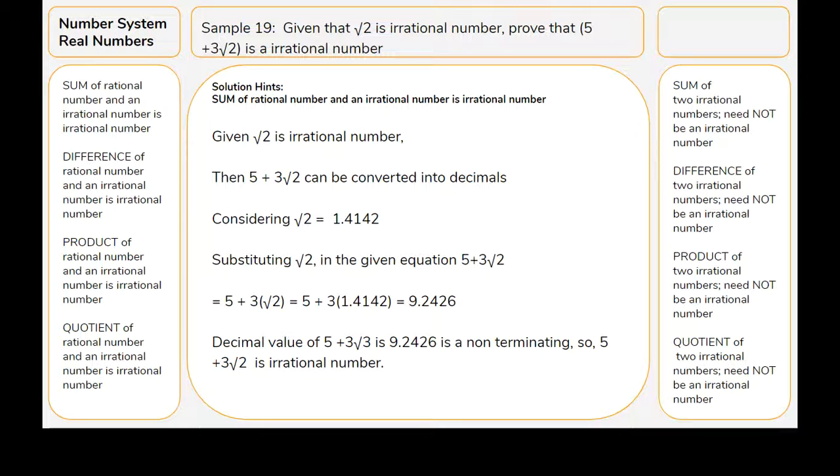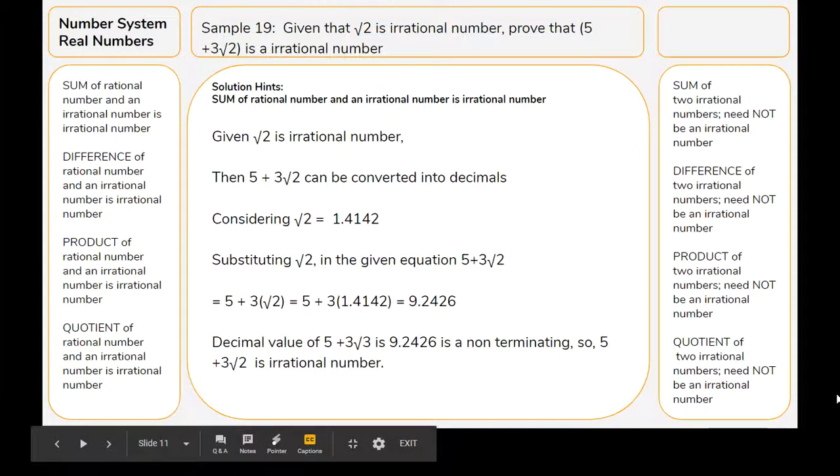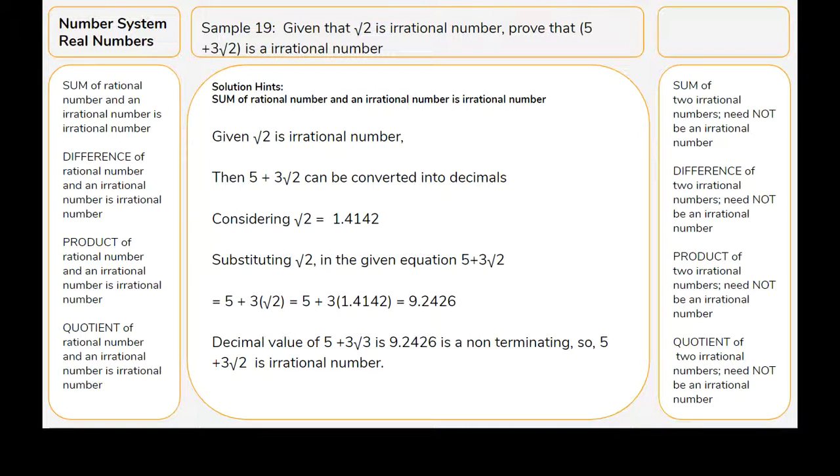Substituting square root 2 equals 1.4142 in the given equation, 5 plus 3 square root 2 equals 5 plus 3 times 1.4142 equals 9.2426. Decimal value 9.2426 is non-terminating. So 5 plus 3 square root 2 is an irrational number.